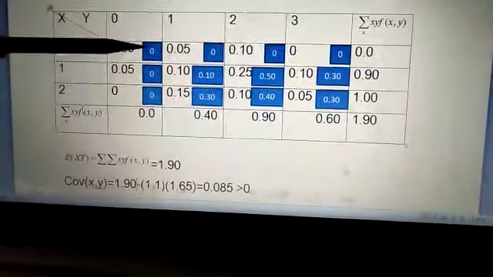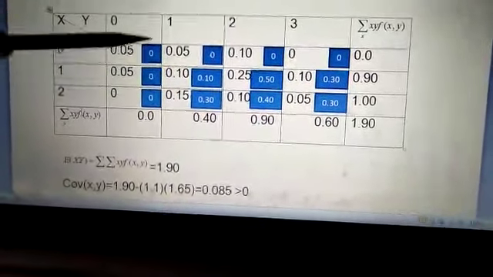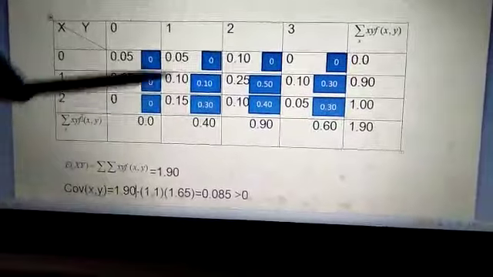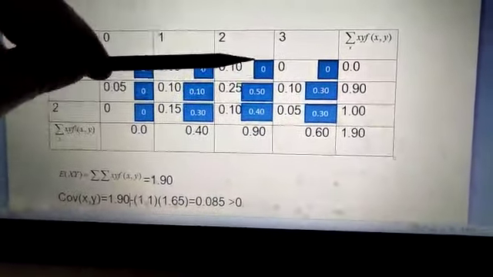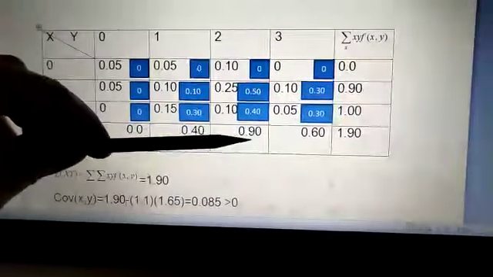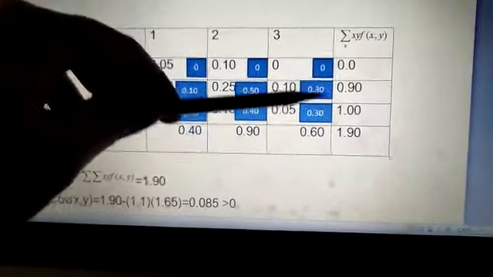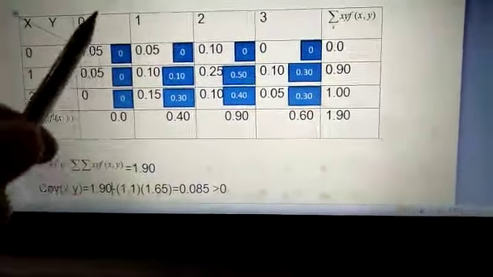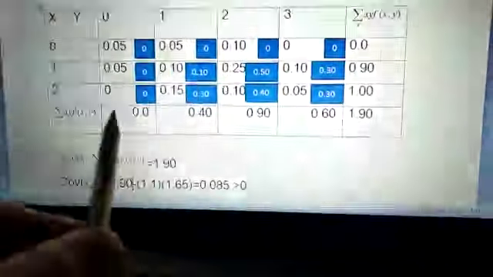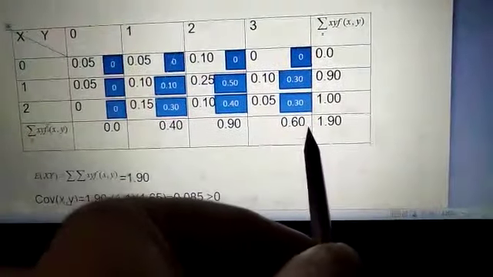So get the sum of the first column in the blue squares, 0, 0, 0, answer is 0. 0 plus 0.1 plus 0.3, answer is this. 0 plus 0.5 plus 0.4, answer is this. 0 plus 0.3 plus 0.3, answer is 0.6. Now we have summed the column, and again get a sum of this row.